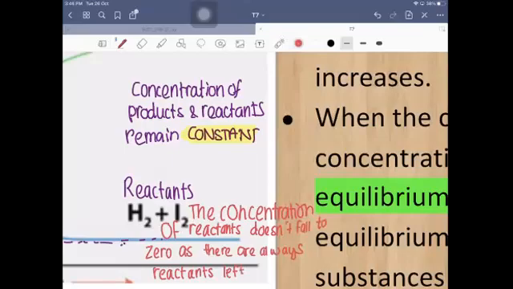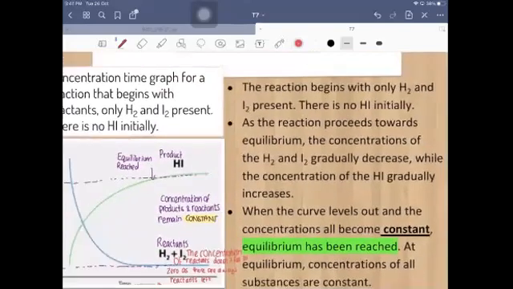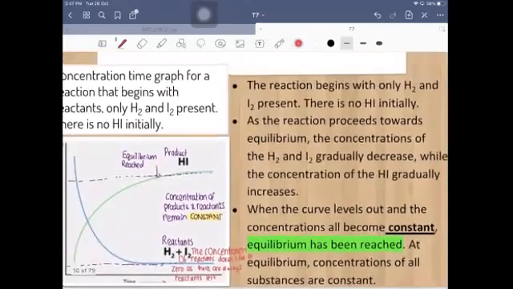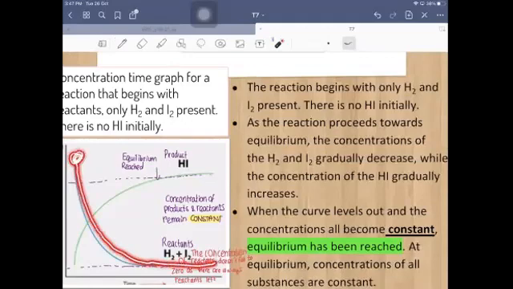Okay, so please copy down the explanation in the box. This is a scenario where the reaction begins with only your reactants present. That's why you have reactants starting from the top. Over time, your reactants will decrease, but it reaches a certain constant amount. It's not 0.